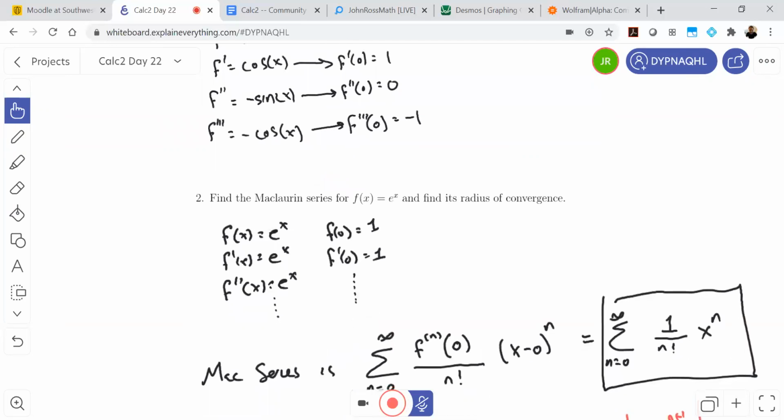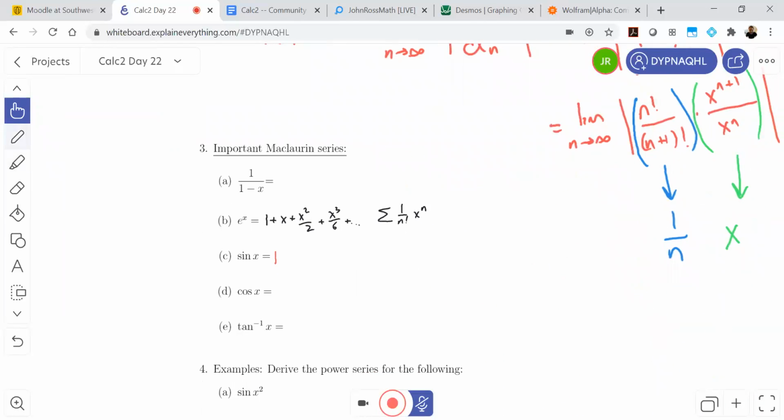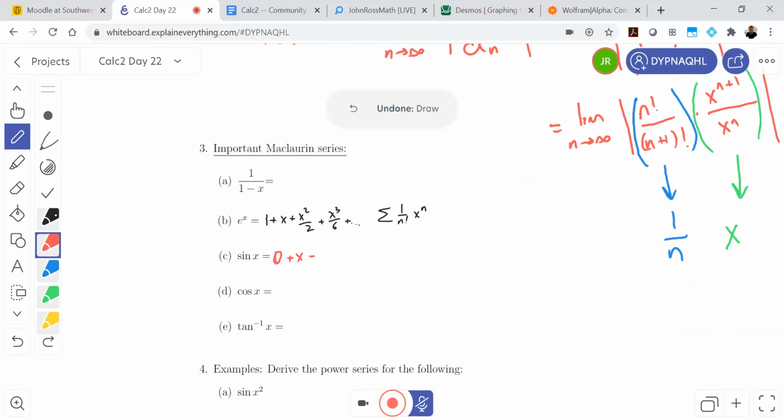So what does that mean when it comes time to write a formula for this? Well, I wrote a 1 here, but this should really be a 0 to kick things off. Sine of 0 is 0, so this became a 0 plus x plus 0 minus x cubed.